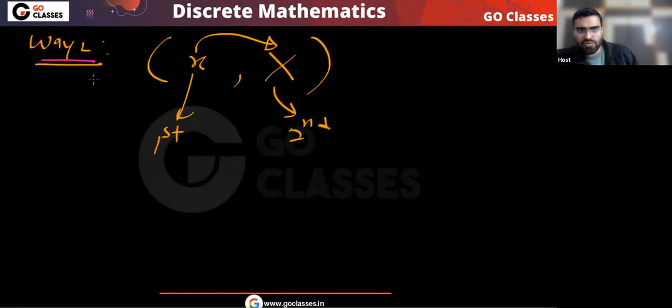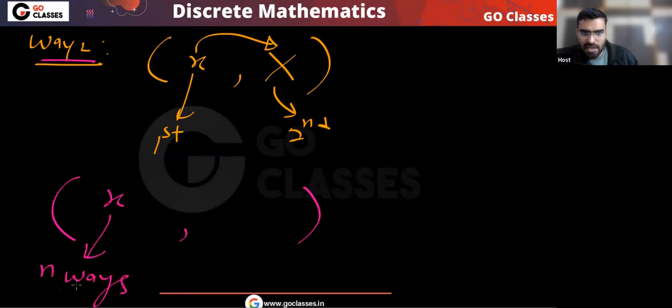Tell me, in this way of thinking, what is the answer? First you select this element. How many ways to select this element? Total n ways. Once this element is selected, how many choices for the rest of the set?